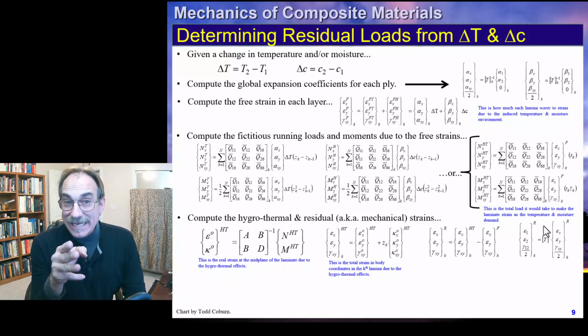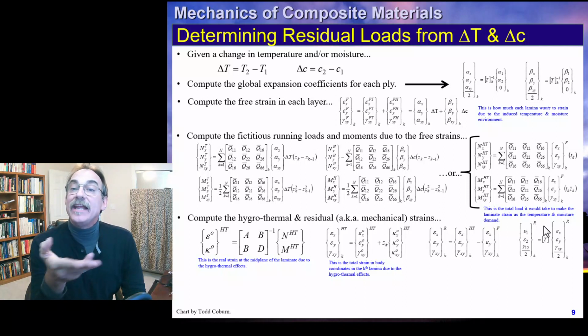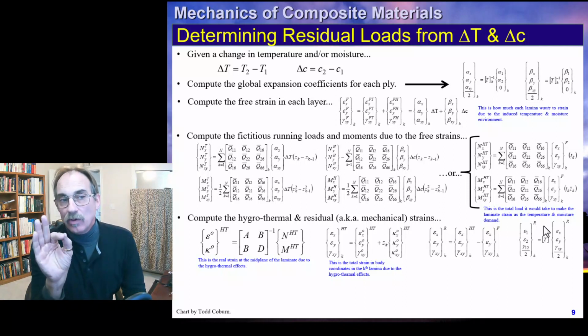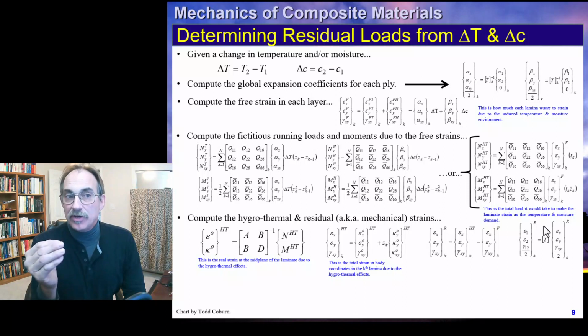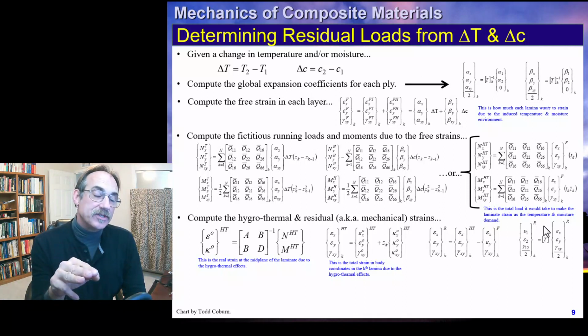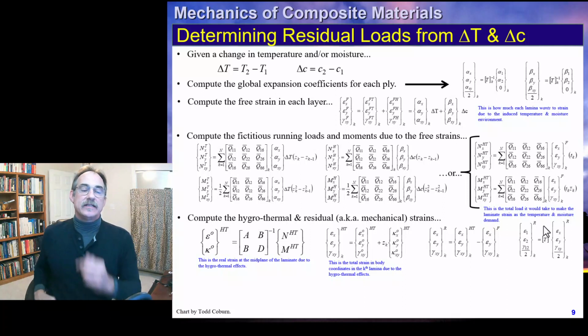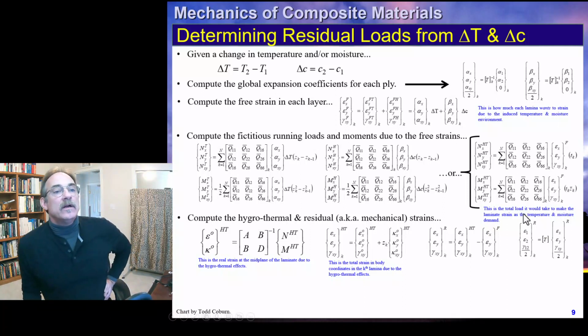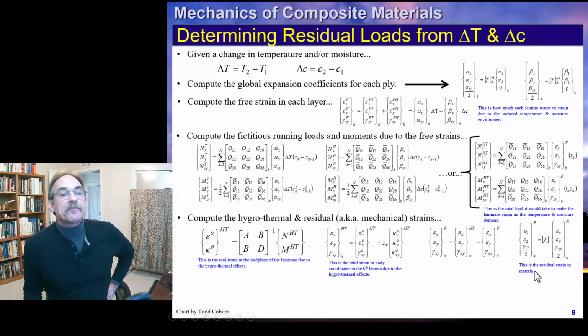Remember, while we need to do work in our body coordinate system, the only place we can evaluate failures, where we have allowables, is in the material principal directions. So we need to transform these into the 1 and 2 and 1-2 directions so we can evaluate the strains and stresses. We do this for every ply.